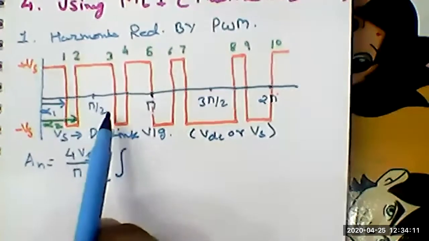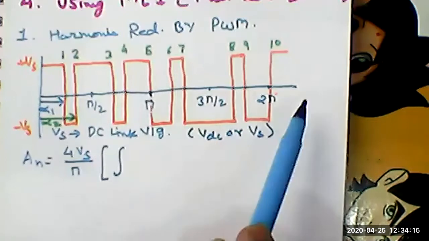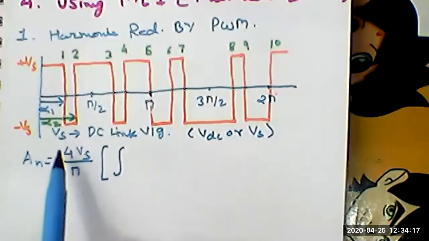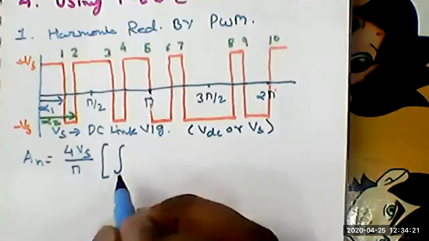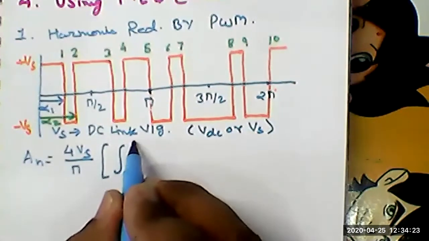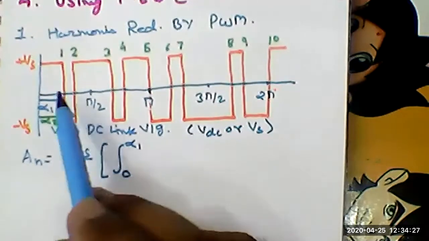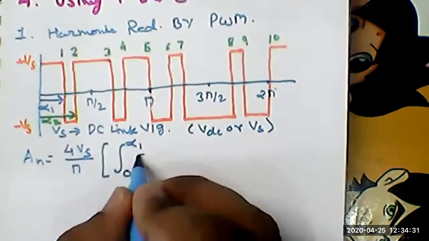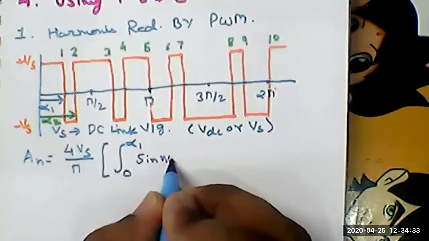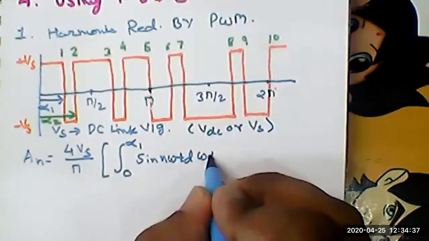We will integrate up to pi by 2, and the rest is already included in 4 Vs by pi. So it has to be integrated from 0 to alpha 1, and output is VDC, which we have already taken as Vs sin n omega t d omega t.